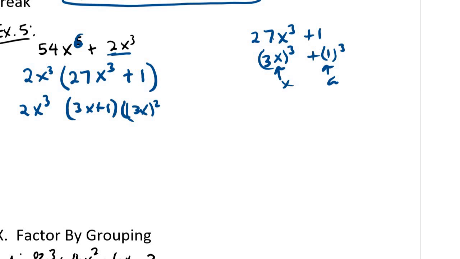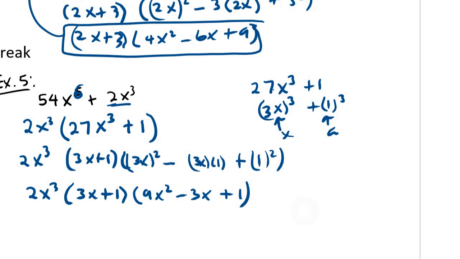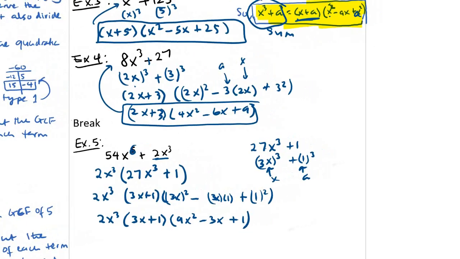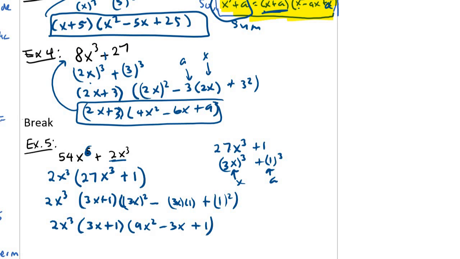That's my x squared, and then minus, remember I said plus is going to be alternating, so minus 3x times 1, and then plus 1 squared. Okay, let's clean it up. So it'll be 2x cubed, 3x plus 1, and this is going to be 9x squared minus 3x plus 1. That's the factored form. So basically you just need to recognize when to use x plus a cubed, or x minus a cubed. All right, that's the end of that video there.